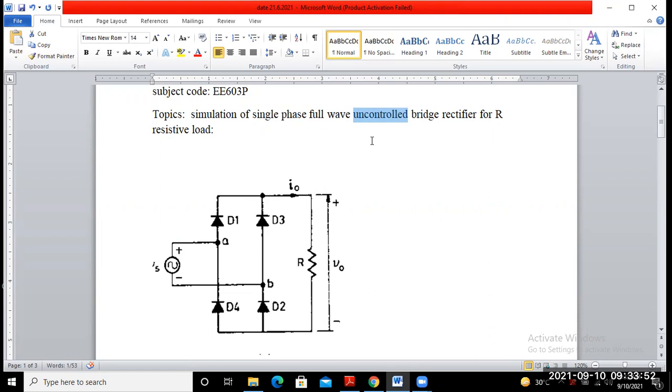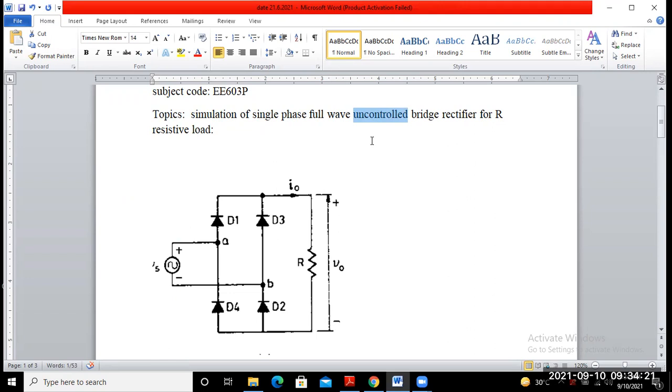As we know, uncontrolled power electronic switching devices, for example a diode, start to conduct whenever they are in forward bias. You have no control over their conduction in this period.